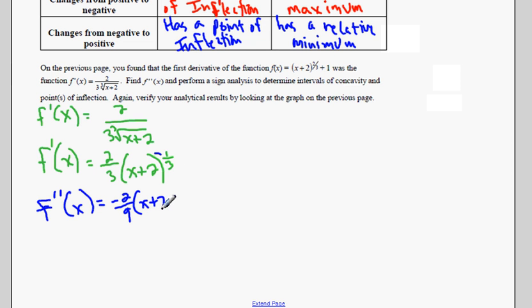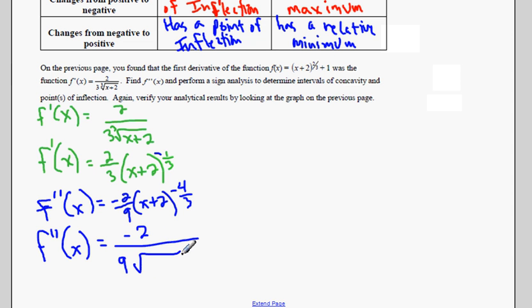The chain rule tells me to keep x plus 2, subtract 1 from negative 1/3 to get negative 4/3, times the derivative of what's inside, which is just 1. Now let's rewrite this. It's negative 2 all over 9 times the cube root of x plus 2, all to the fourth. So that's the second derivative.